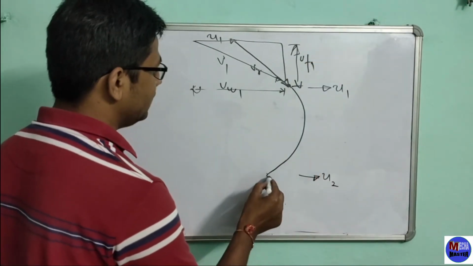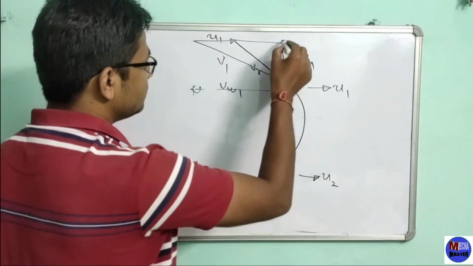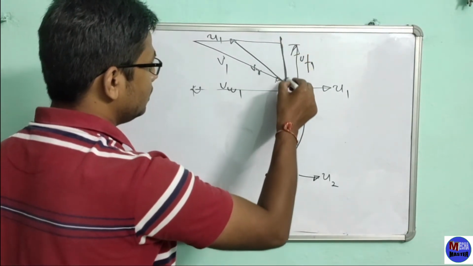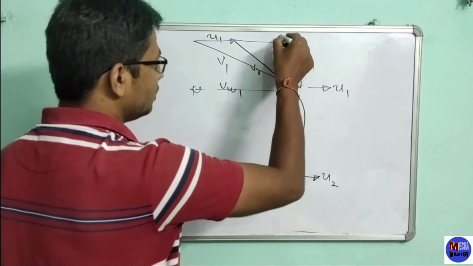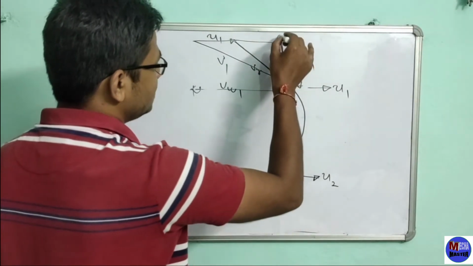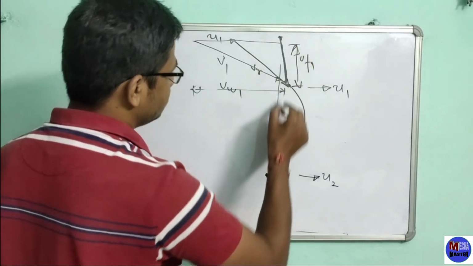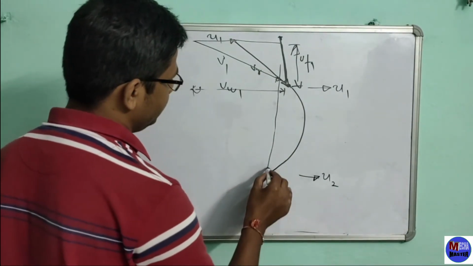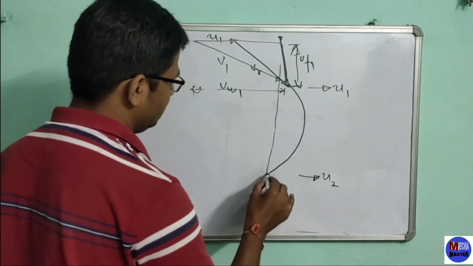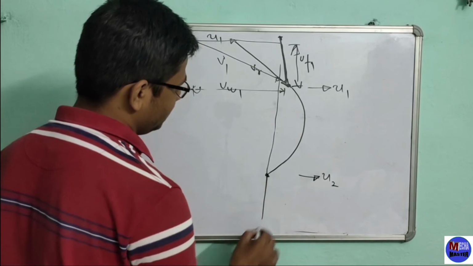At the outlet again, this will be in the direction of the radius. Suppose there is the center, and this is also this one. So how can you easily draw? I think it will not be tough.